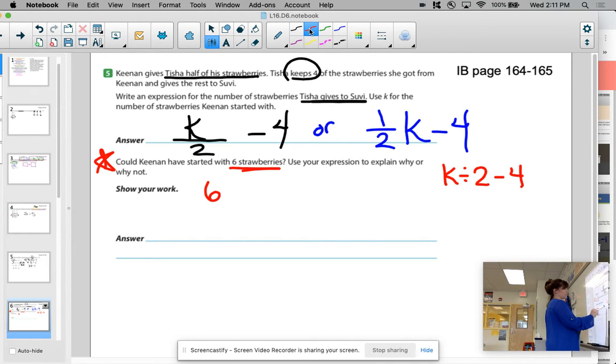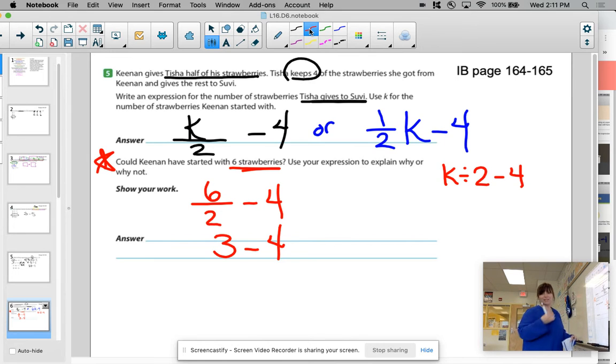If we take 6 and divide it in half, we get 3. Can we take 3 strawberries and keep 4 and still have enough to give to someone else? No, there's not enough. Because this is a negative situation, 3 minus 4 is going to be -1.